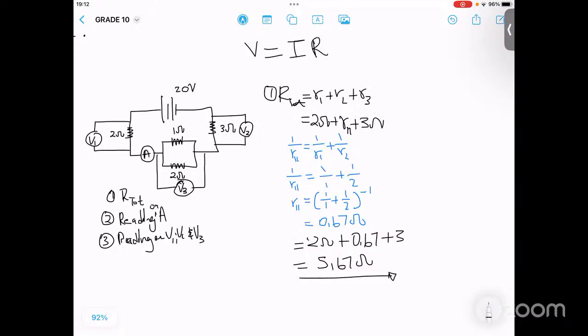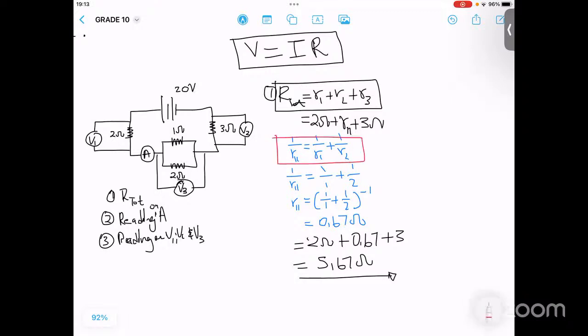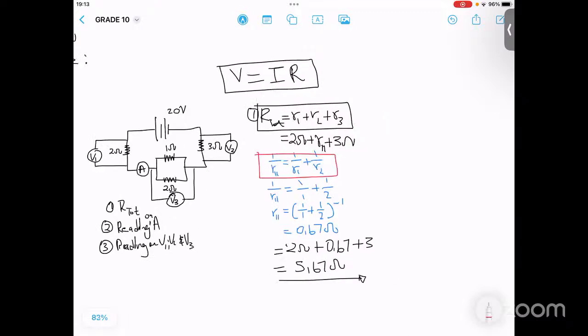When it comes to R total, it is this formula that you need to remember. Also remember that if there is a parallel connection, this formula you will need to use. So now that they want me to calculate the reading on the ammeter, always when they say reading on the ammeter, they want you to calculate that I in that formula.